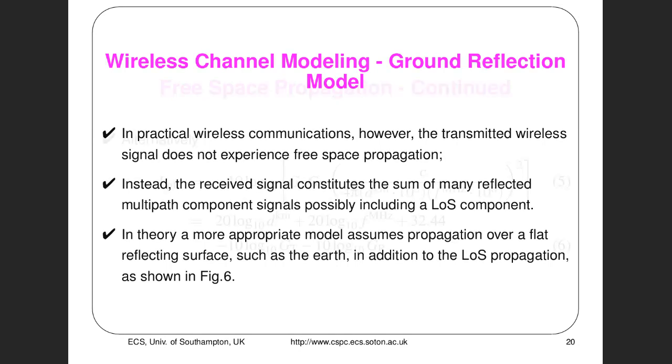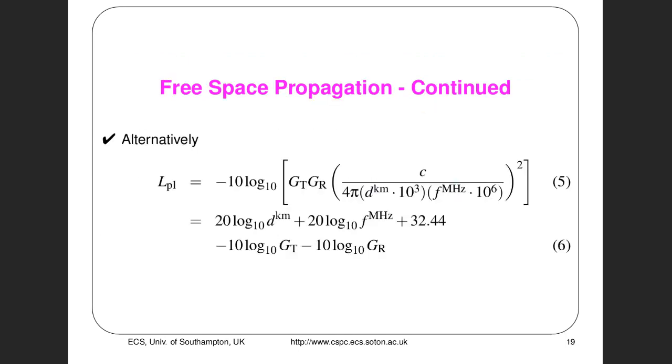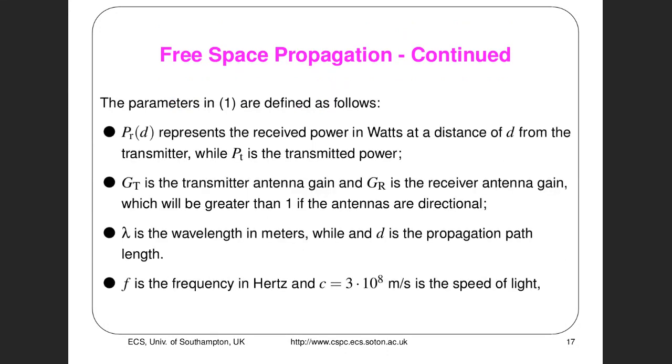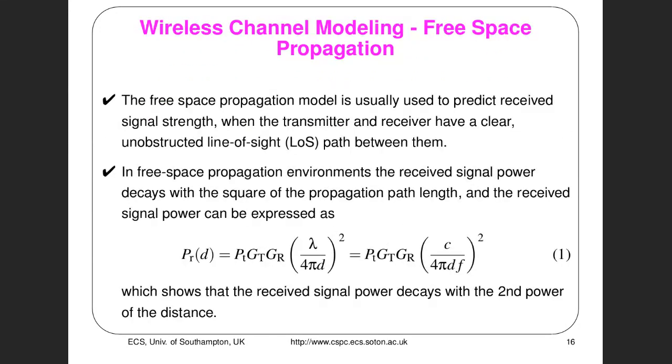I don't want to talk too fast so that it would be really hard for you to process. So I will stop here, but it's really important. The important message for free space propagation is that equation 1 is really important. You need to understand the meaning of all the parameters.